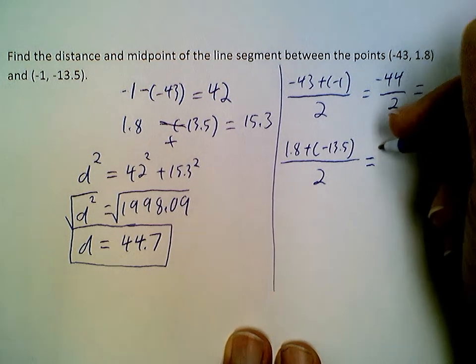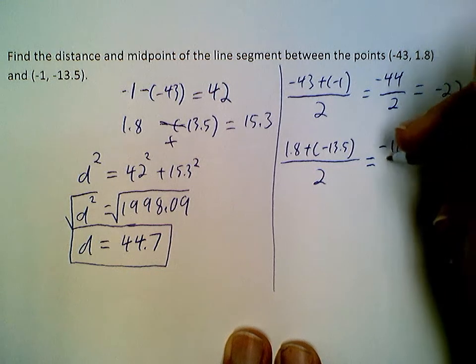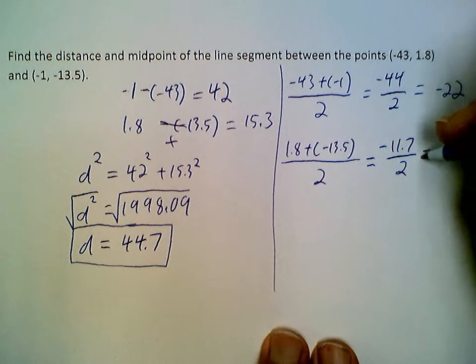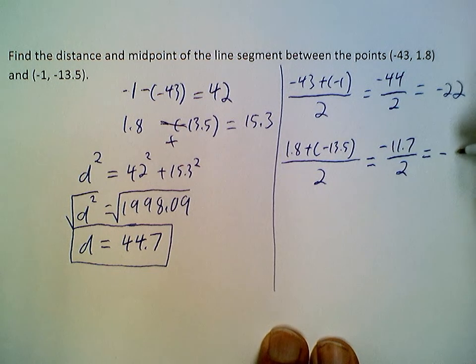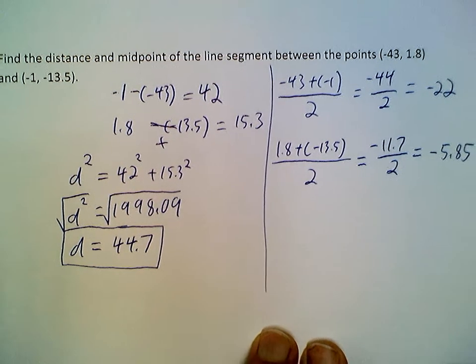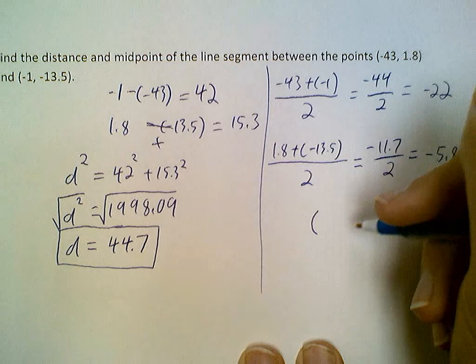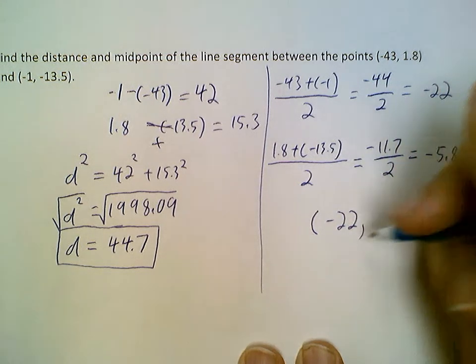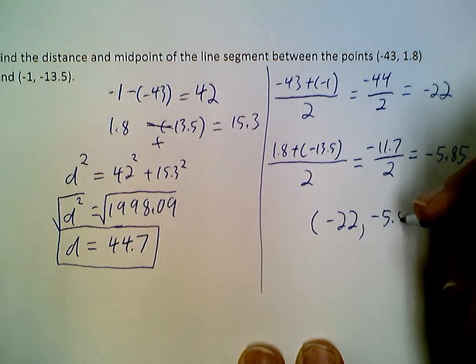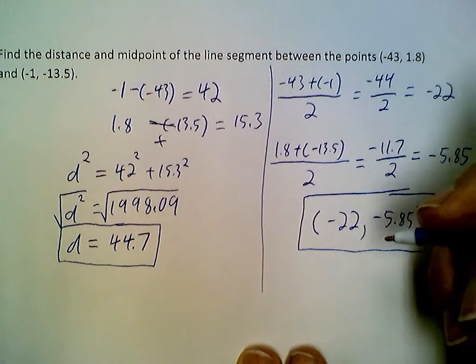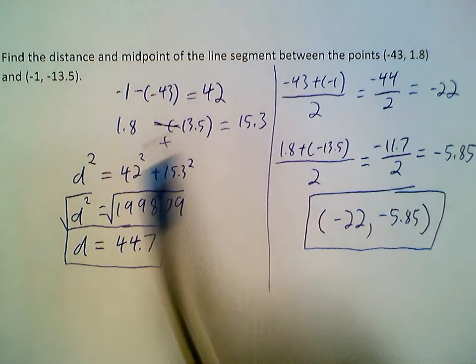So I end up with negative 11.7 divided by 2, which gives me negative 5.85 as my y-coordinate. So my midpoint is going to be negative 22 for my x-coordinate, negative 5.85 for my y-coordinate, and that would be the midpoint of my line segment here.